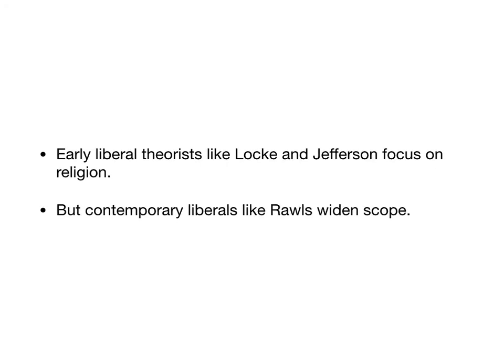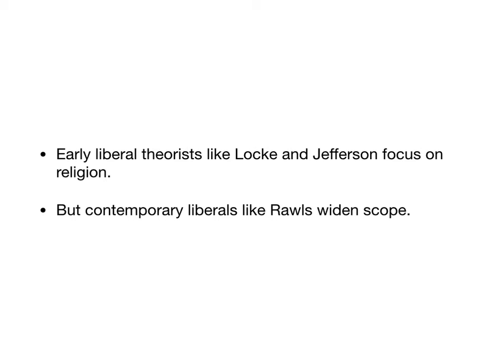Now, look, early liberal theorists like John Locke, who is a big influence on Jefferson, who is a big influence on modern political thought generally, and Jefferson himself and a lot of other people, people like Kant. Kant was definitely a liberal in this sense, will focus on religion.